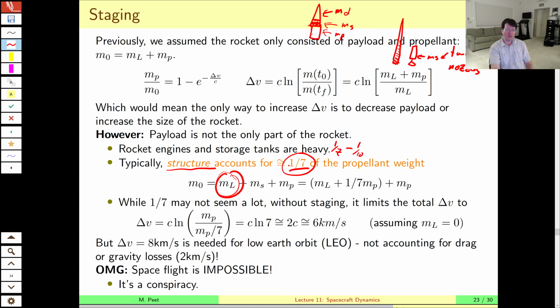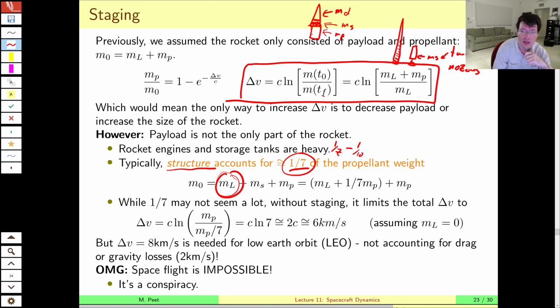So that rule about 1/7, we talked about structural mass fraction. We'll talk about that more in a slide coming up. But that structural mass fraction 1/7 poses fairly severe limitations on what we can achieve in terms of delta V. So if we look at the rocket equation, here's the rocket equation here. We have to add to the rocket equation now plus 1/7 MP.